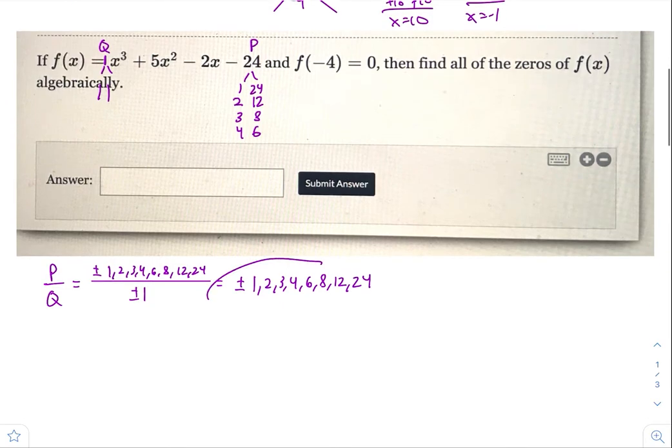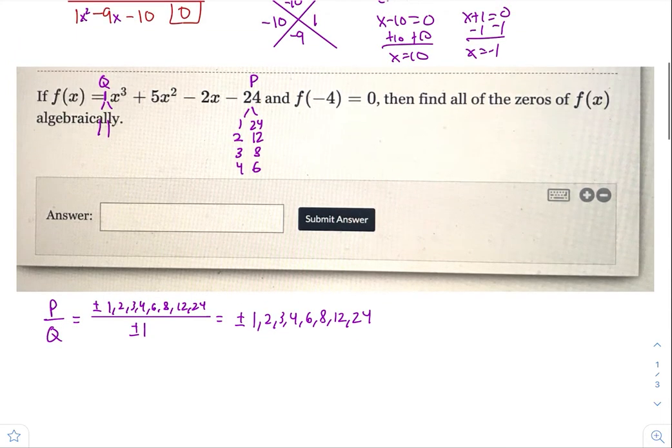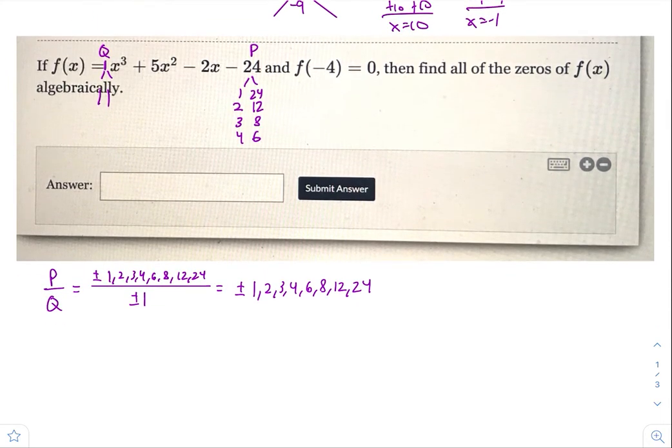Now we can select from this list to find a potential zero. The coefficients are 1, 5, negative 2, and negative 24. One of those numbers is going to be a zero, so this is where you guess and check, right?